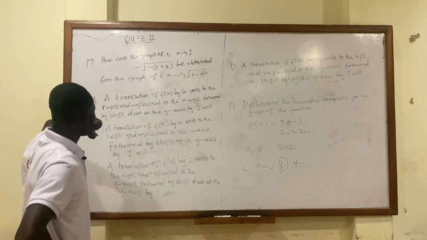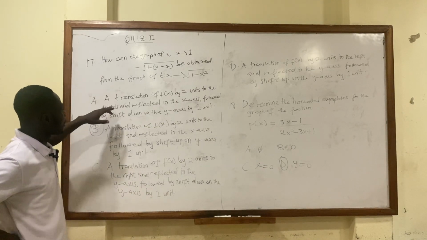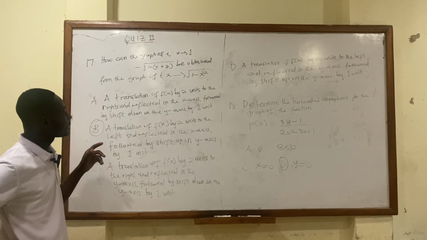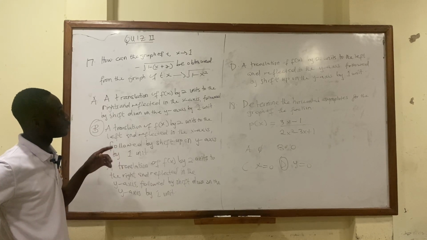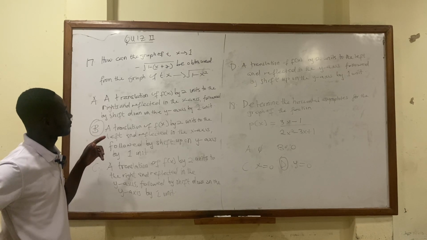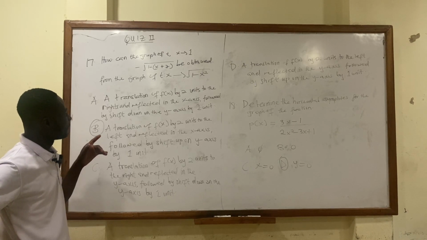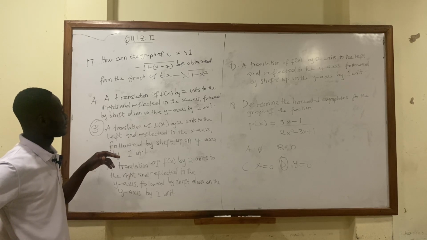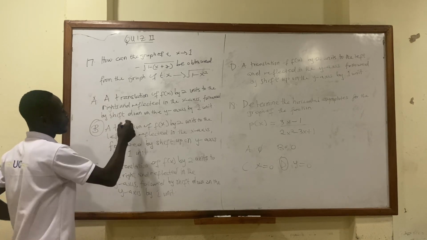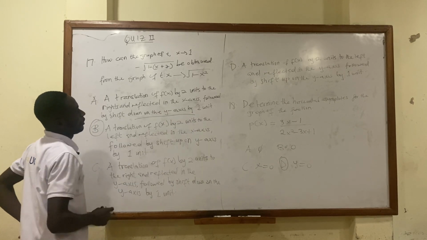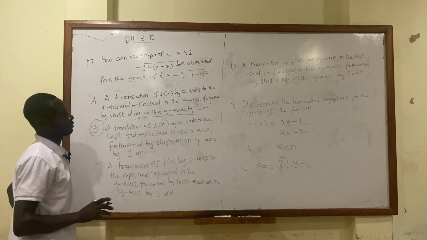Alright, so this, we have to look at the conditions. These are just conditions. So a translation of f of x by 2 units to the right. Is that correct? No. A reflection in the x-axis followed by shift down on the y-axis by 1 unit. No, that's not correct.